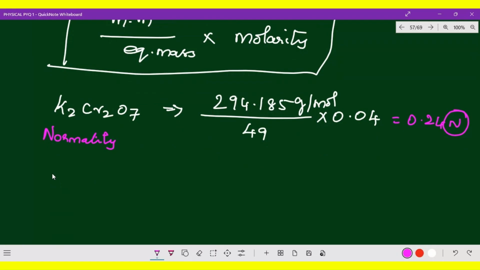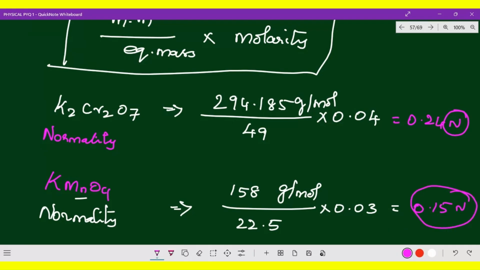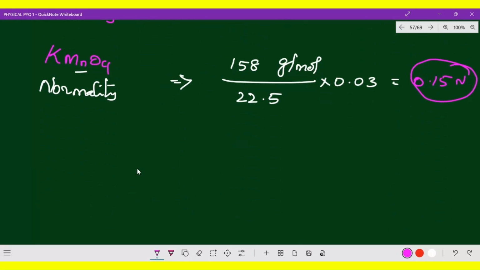In the same way for KMnO4, the molecular mass 158 gram per mole divided by the equivalent mass 22.5, into the molarity we observed, 0.03. You will get 0.15 normality of KMnO4.